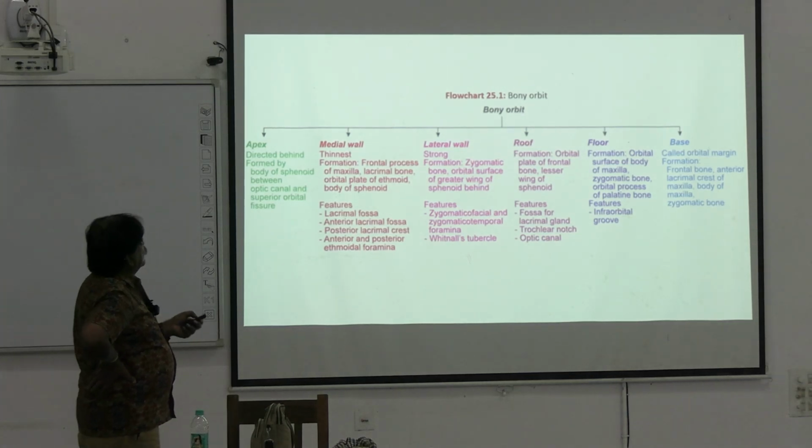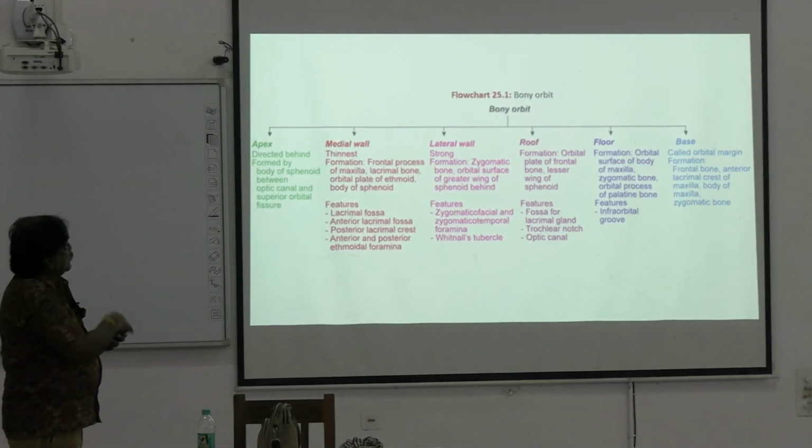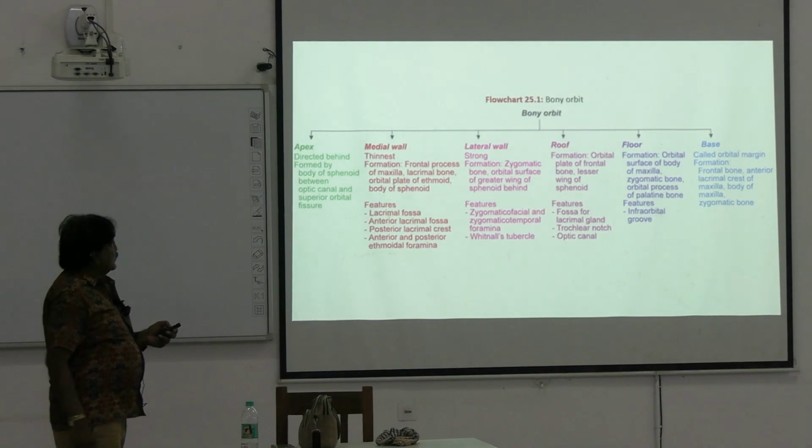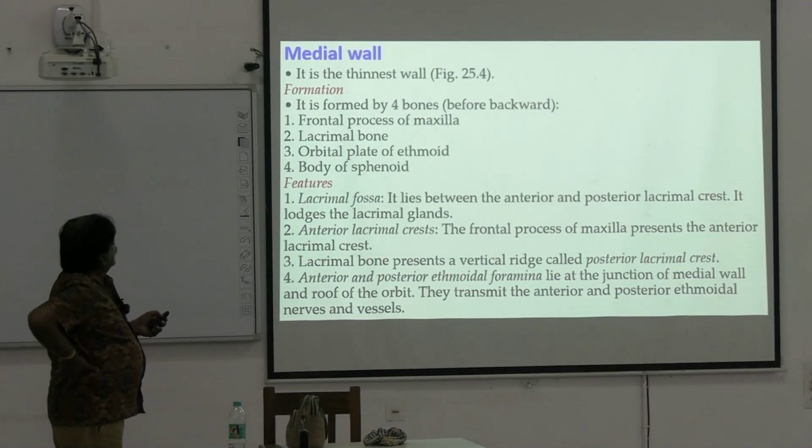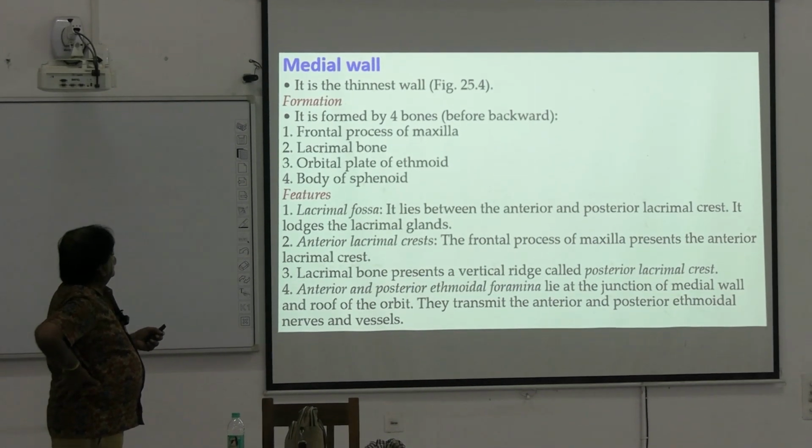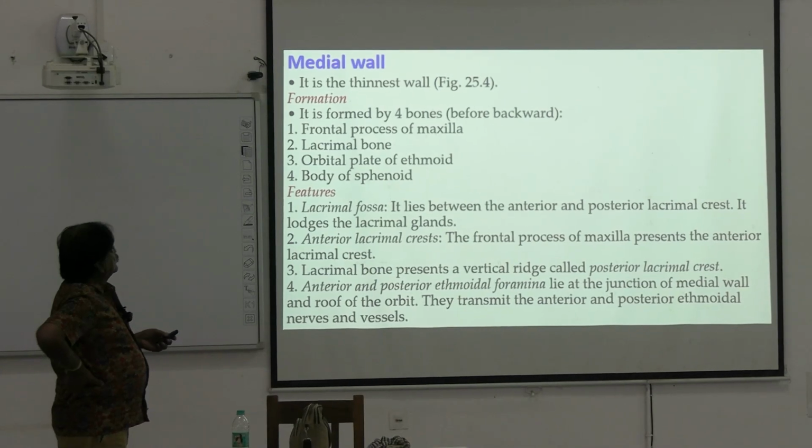Now, this is the flow chart of the bony orbit, whatever I told you earlier is in the flow sheet. Now, the medial wall is the thinnest wall, formed by 4 bones.